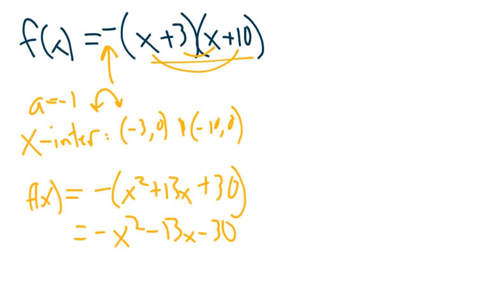And we get that c equals -30, meaning the y-intercept is at (0, -30). And then at this point, if we want to find out what the vertex is, we have to do the whole -b over 2a thing. And we've already done an example like that, so to save some time, I'm not going to do that.